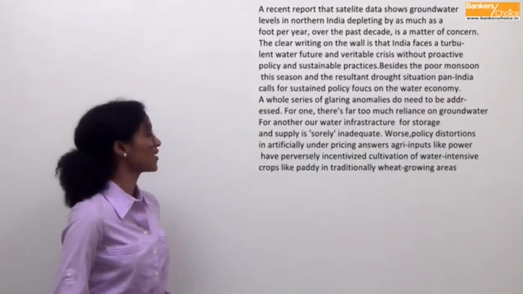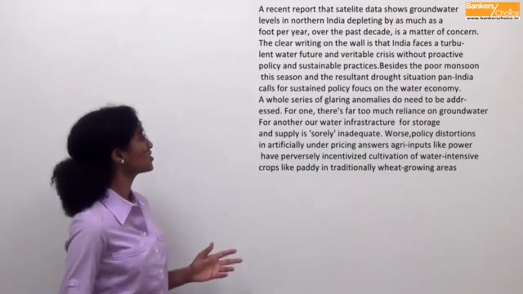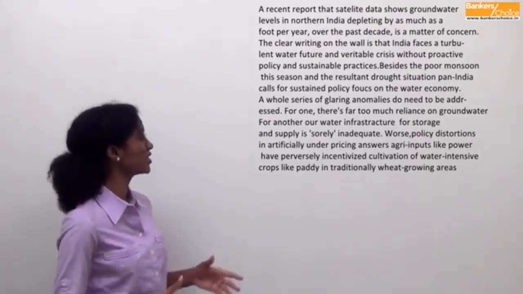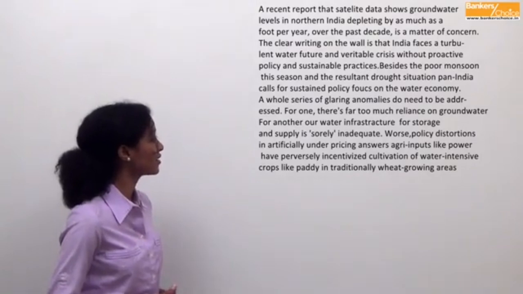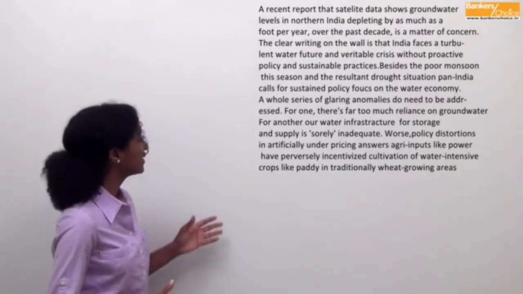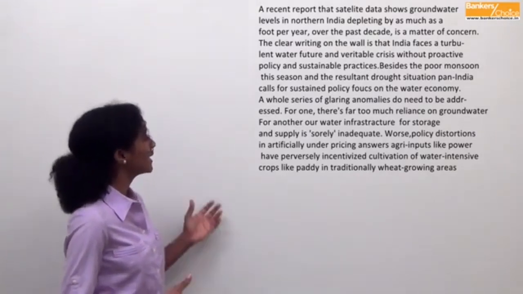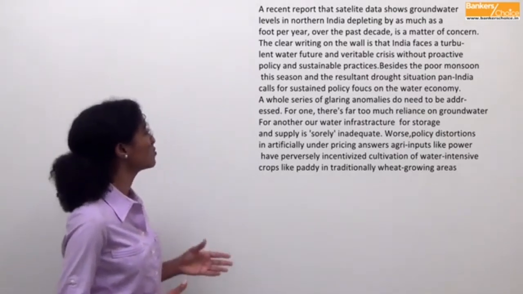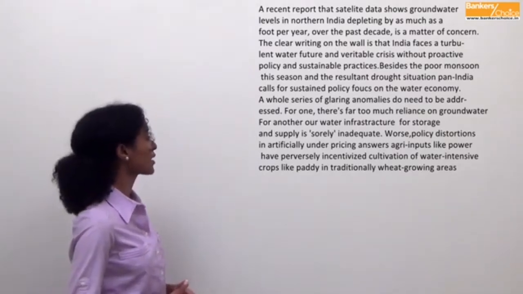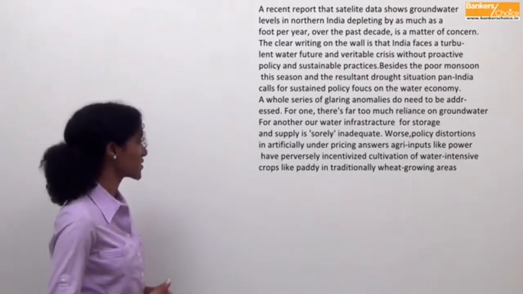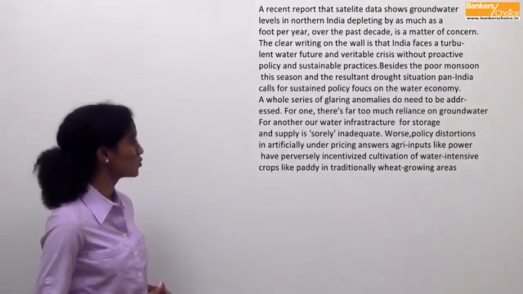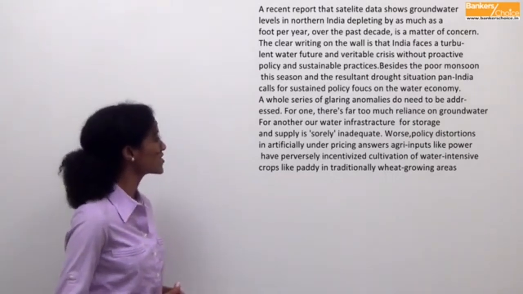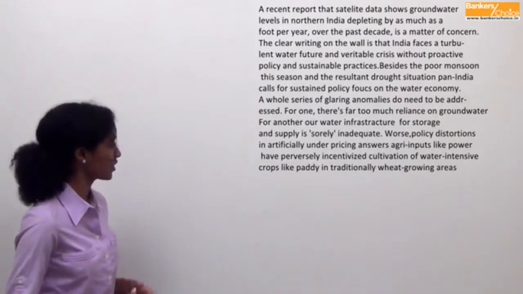A recent report that satellite data shows groundwater levels in northern India depleting by as much as a foot per year over the past decade is a matter of concern. The clear writing on the wall is that India faces a turbulent water future and veritable crisis without proactive policy and sustainable practices. Besides the poor monsoon this season and the resultant drought situation, Pan-India calls for sustained policy focus on the water economy.